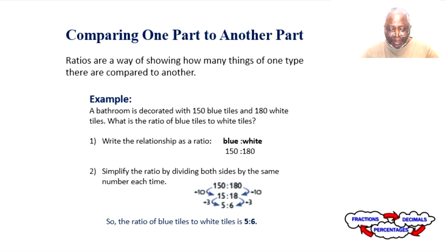Then you simplify, and your answer at the bottom will be 5:6. Blue tile 5 to white tile 6. And by the way, just above that you will see the simplification. You divide by 10 and then you divide by 5.